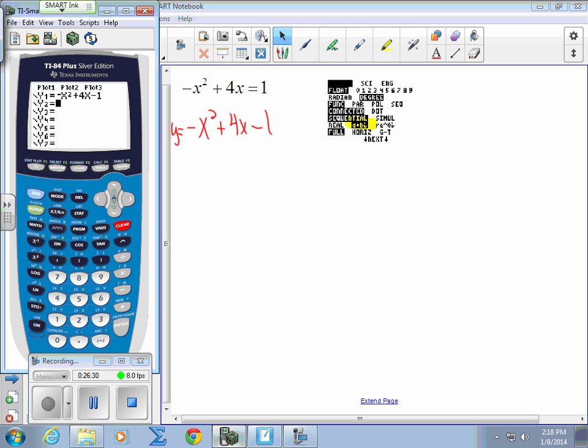Alright. So, when we graph this, we get a graph that looks like this, y'all.